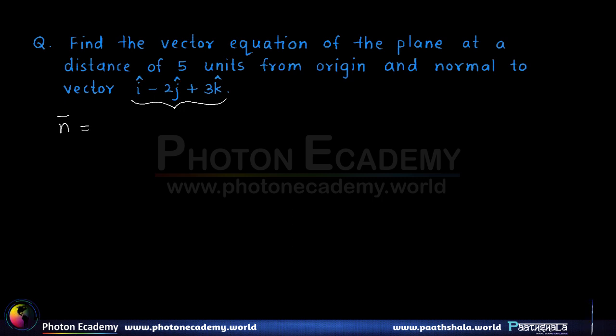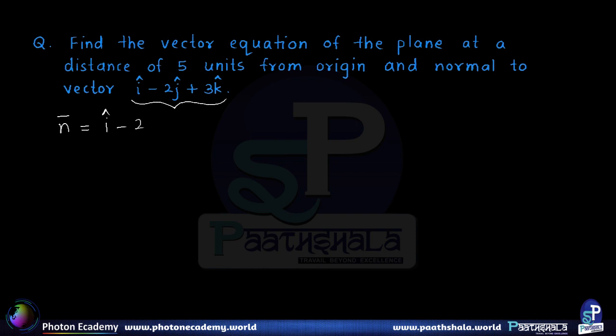Now you see it is not a unit vector yet, because clearly 1, minus 2 and 3 are not the direction cosines. So what we have been given is simply a vector which is normal to the plane, but it's not a unit normal vector. So let us still write it, i minus 2j plus 3k. We have been given the distance is 5 units.